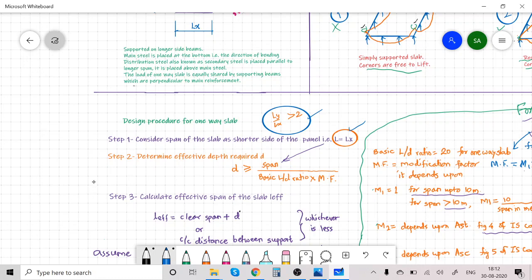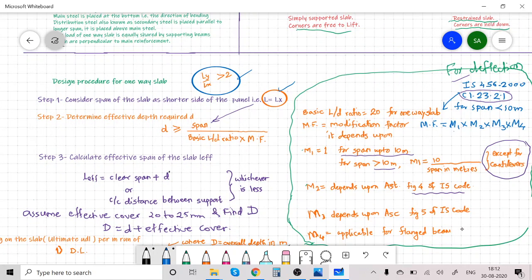The basic L by d ratio is given by IS 456-2000. It is considered from deflection point of view. Clause number 23.2.1. For one-way slab, it is considered as 20. For cantilever slab, it is considered as 7.